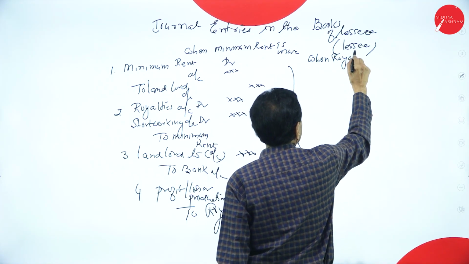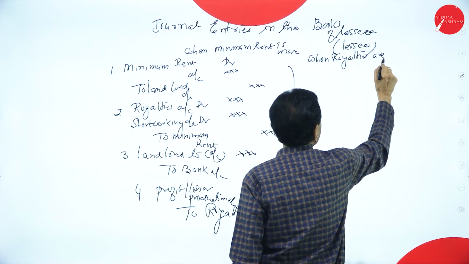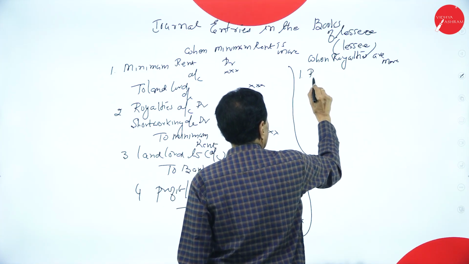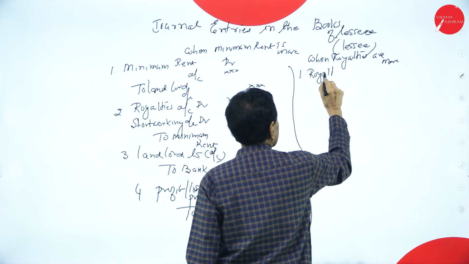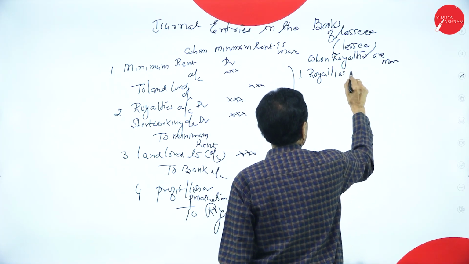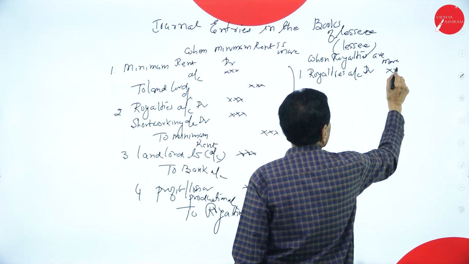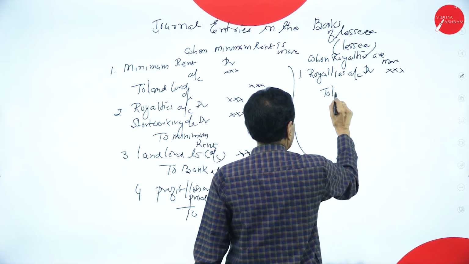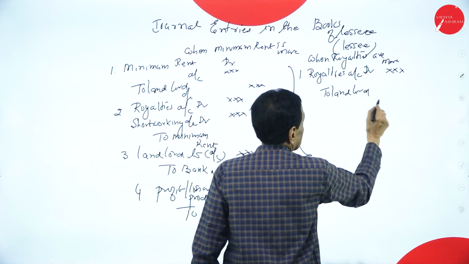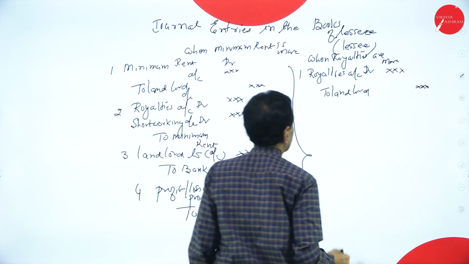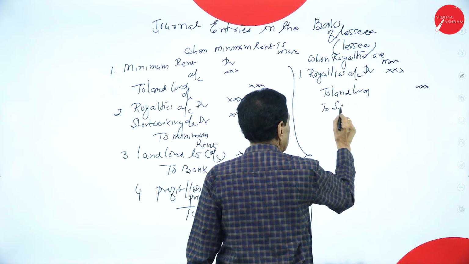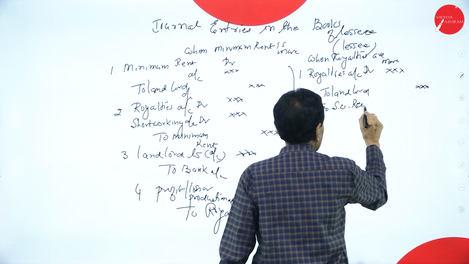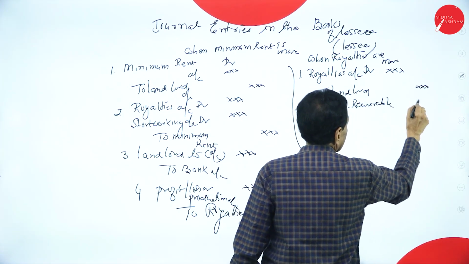Now, when royalties are more, first entry, royalties account debtor to landlord, to short working, SW means short working recoverable. First entry.